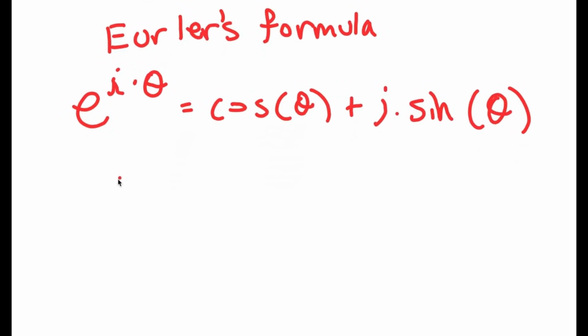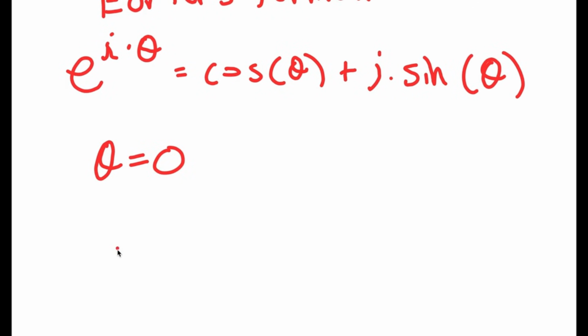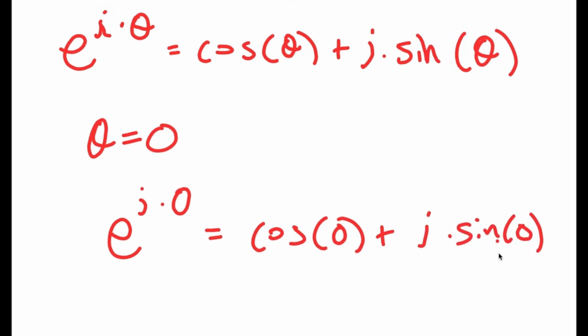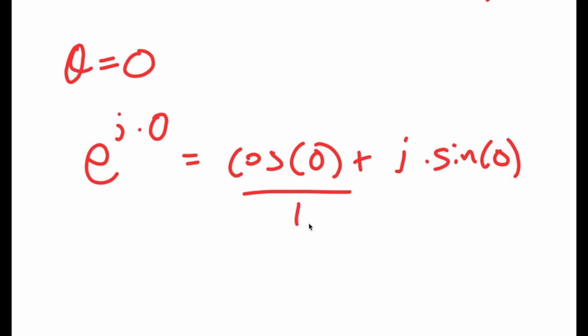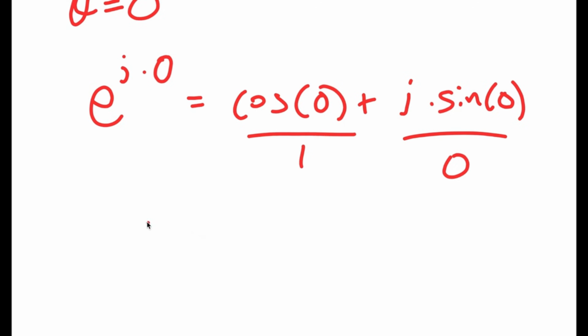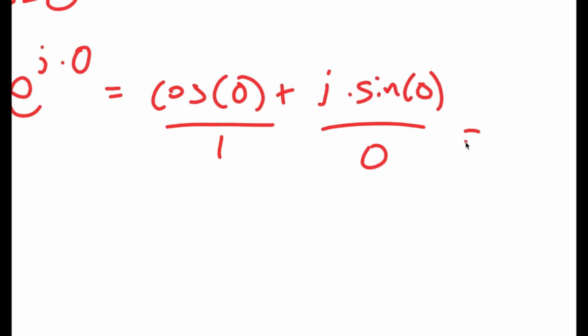So let's say that theta is equal to 0. So now I get e to the power of i times 0 is equal to cosine of 0 plus i times sine of 0. Cosine of 0 is 1 and sine of 0 is 0. So I get this all is equal to 1.